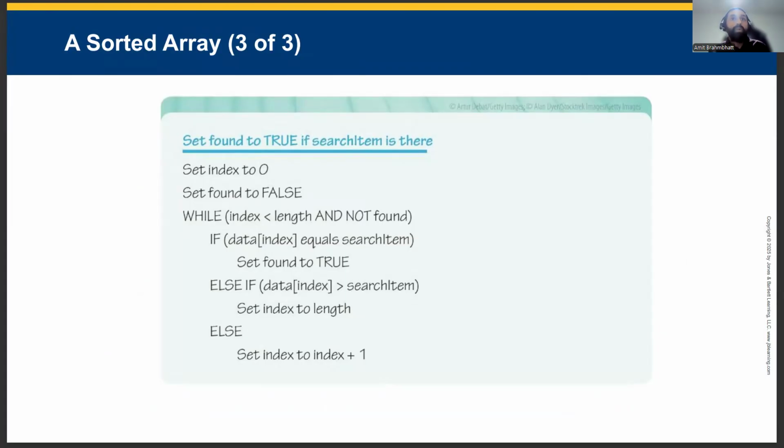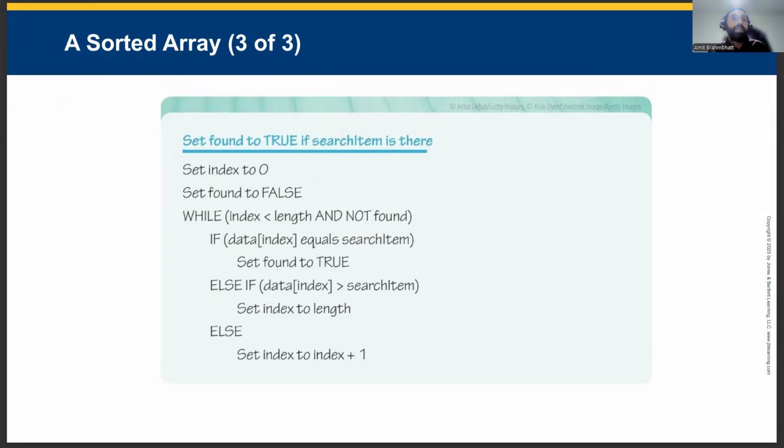So set found to true if search item is there. So first you set the index to be 0, then you set found to false, and then you loop until index is less than length and not found.